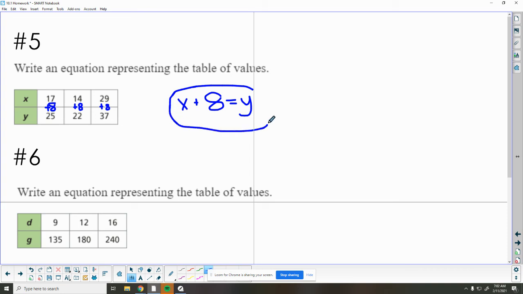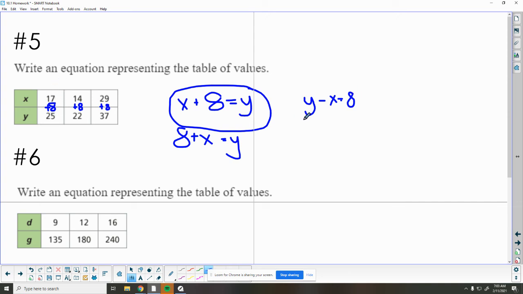So first, let's think about some other ways we can write this same problem here. We can use the commutative property and flip the 8 and the X. And I can say I want 8 more than X is Y. This one says I have X, add on 8 is Y. We could also flip this completely around and say that Y minus X equals 8. I take 25 and minus 17.